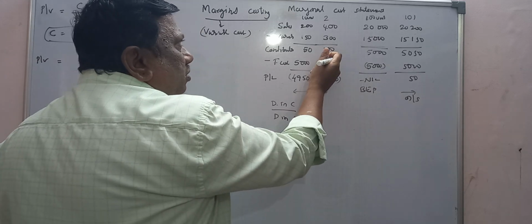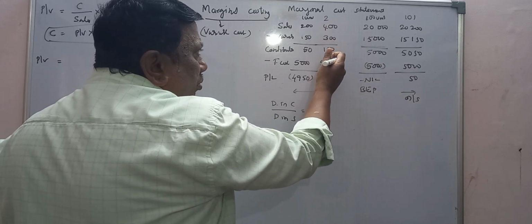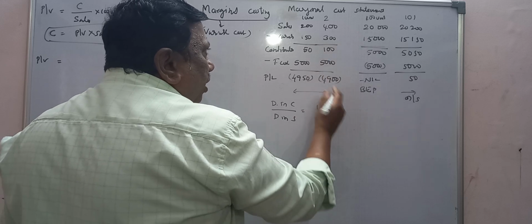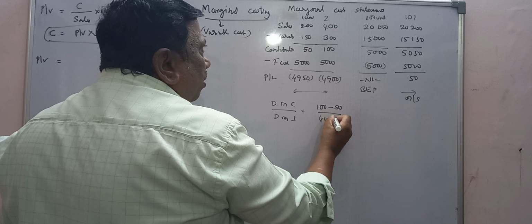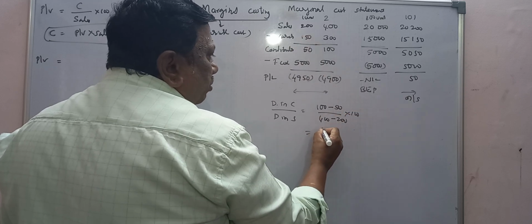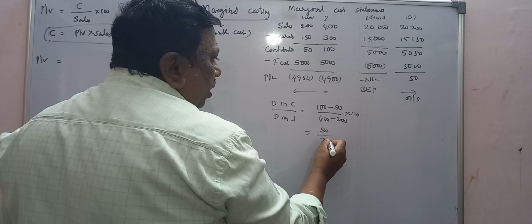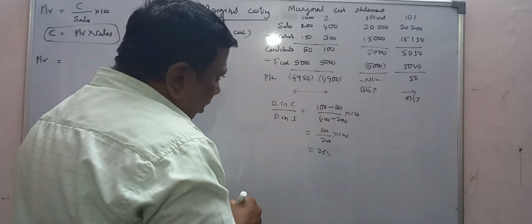What is the difference? Sales go from 200 to 400, and if I am able to produce 2 units, contribution is 100 minus 50, sales 400 minus 200, into 100, right? So this becomes 50 divided by 200 into 100. Again I am getting 25% only.